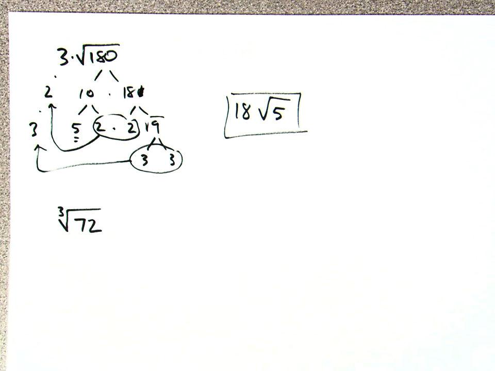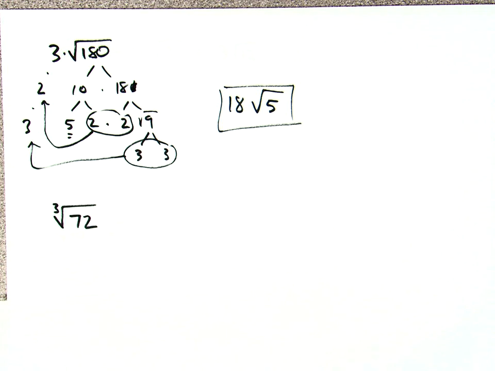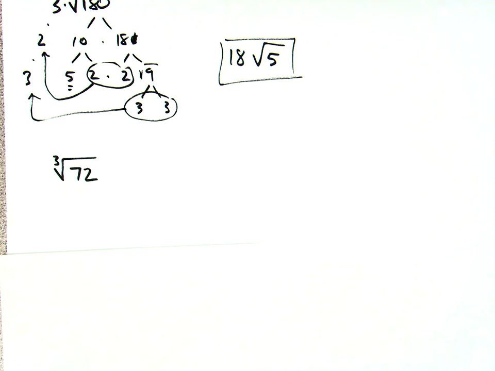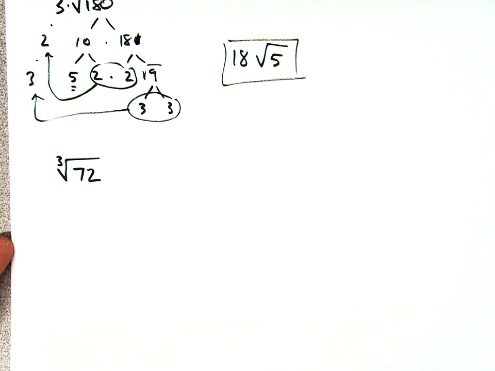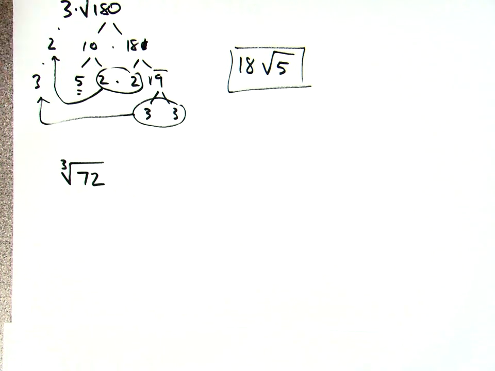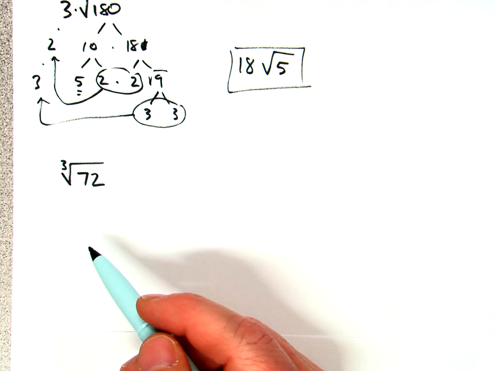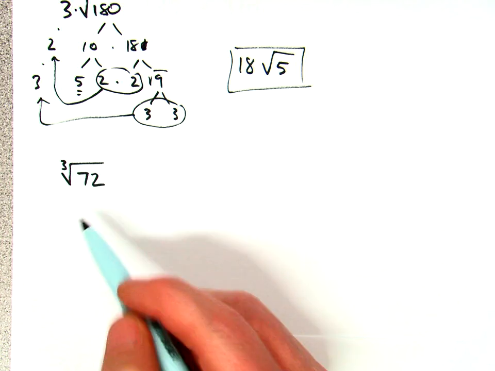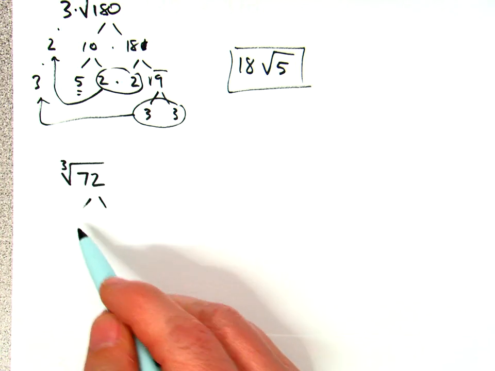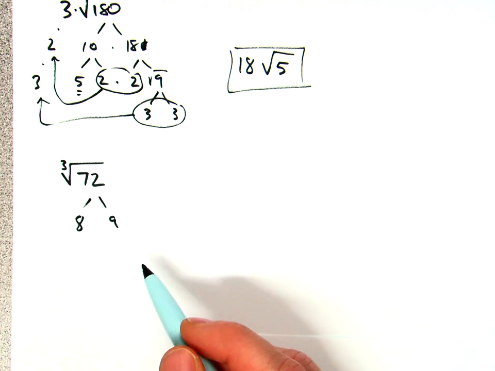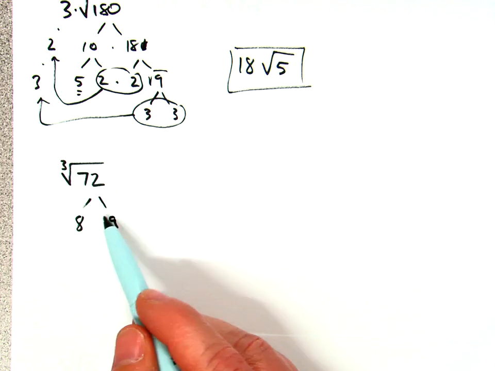All right, let's try another one. So here, again, it's a cube root, which is fine, right? 72, we're going to break down 72 as much as we can. First thing that comes to my mind, 8 and 9. Now you might say, ooh, 9 is a square.